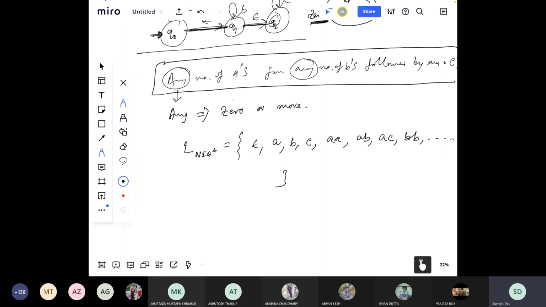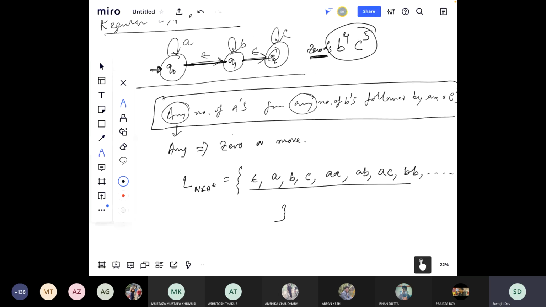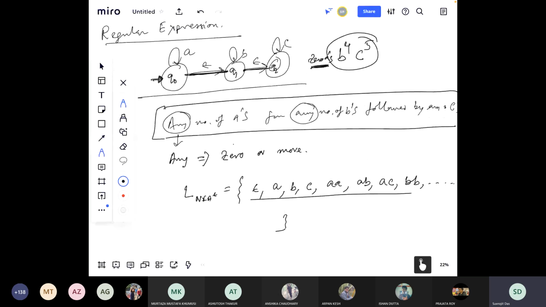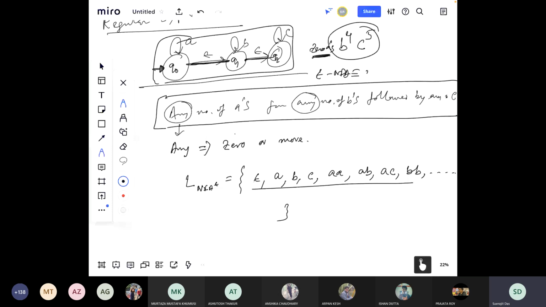The set of all possible strings taken care of by this machine is called the language of this machine. Now, since this machine is an epsilon NFA, and we have theorems that say epsilon NFA is equivalent to NFA is equivalent to a DFA, it means that this is a regular language by name, right?